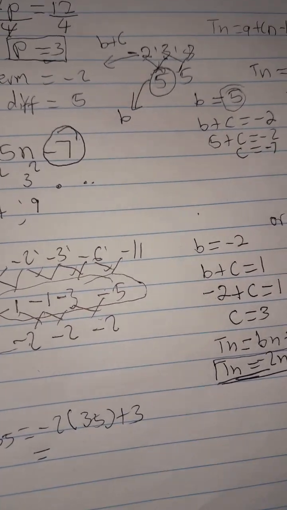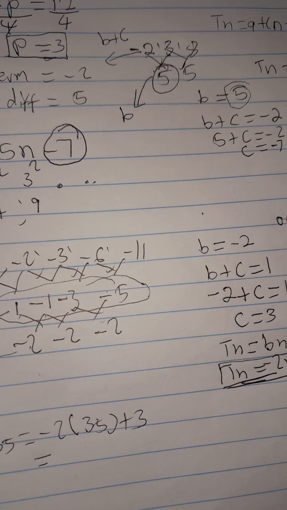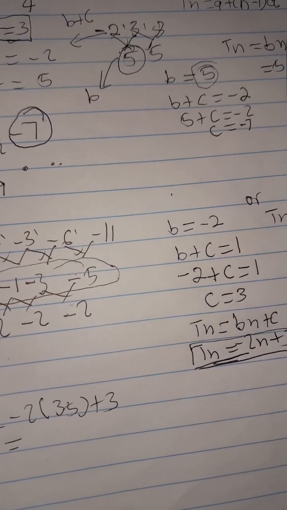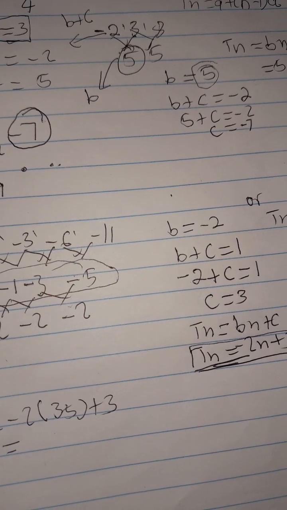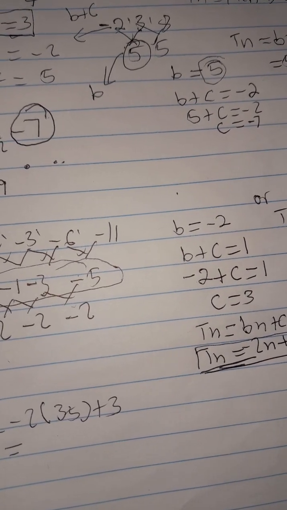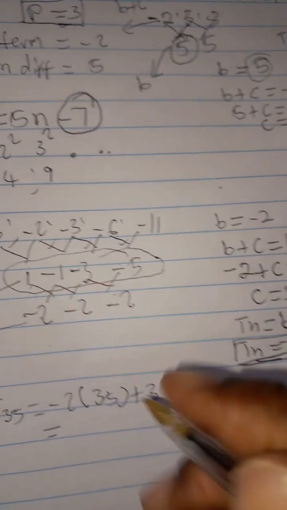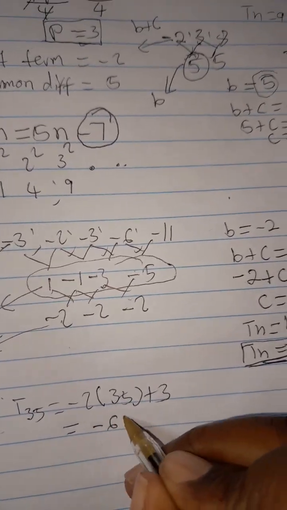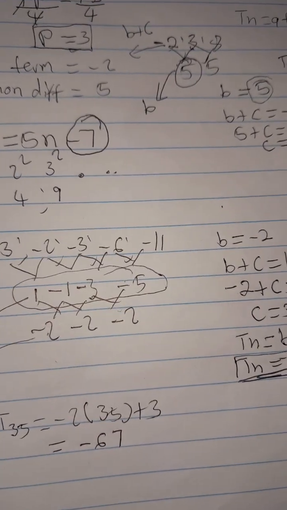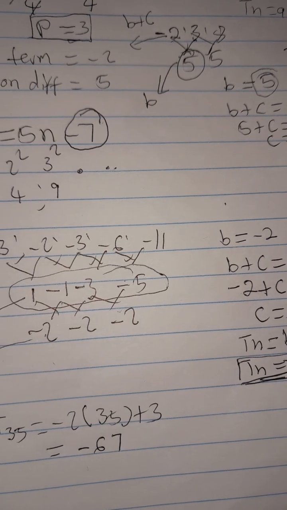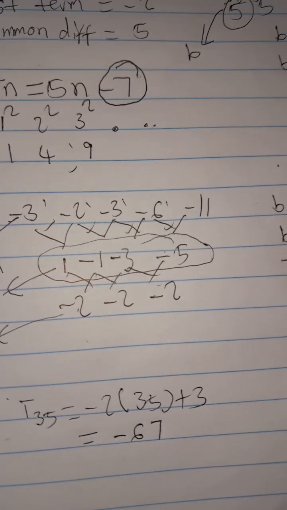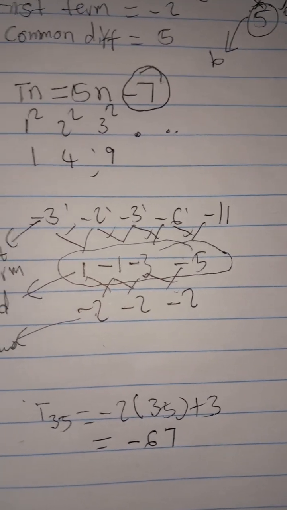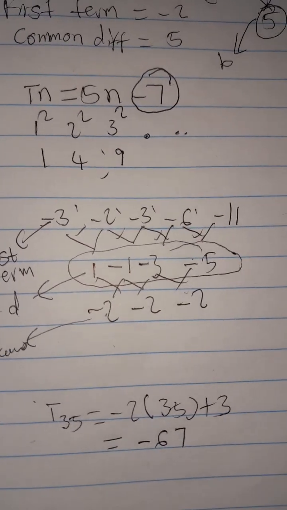Negative 2 times 35, plus 3, will be negative 67. So the difference between T35 and T36 of the quadratic sequence will be negative 67. That's how you can answer that question.